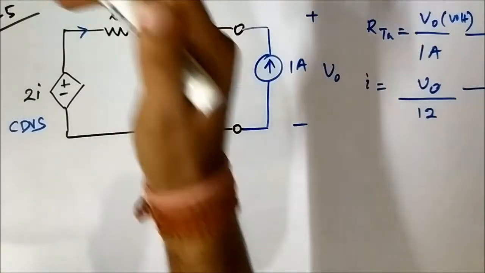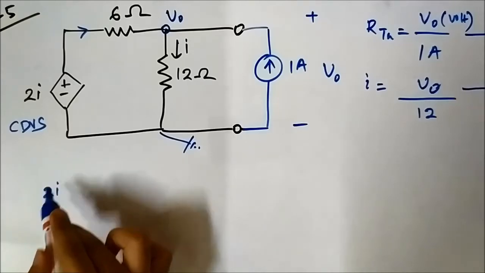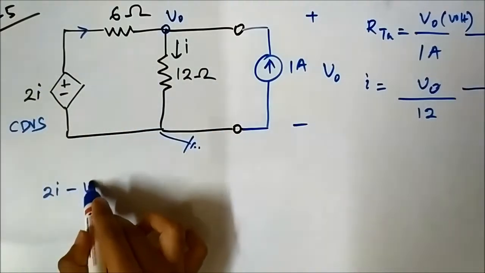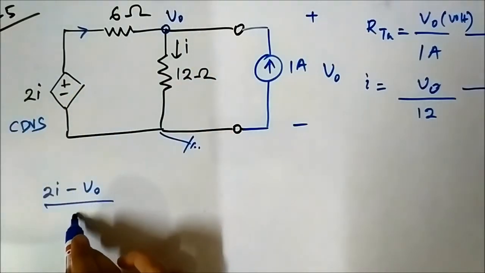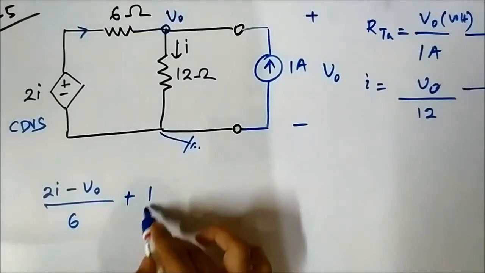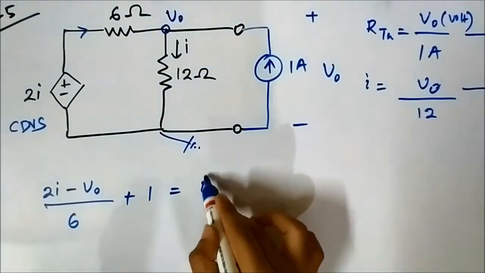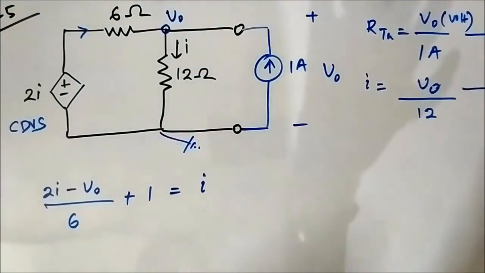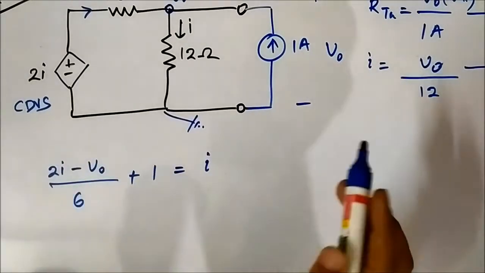So all the currents flowing towards the node are on one side: 2I minus V0 by 6, 2I is a voltage source, that's why 2I minus V0 by 6, plus 1 is also flowing towards the node, is equal to the outward flowing current I. I have already made a video related to nodal analysis and some questions related to it, so please watch those videos first so that you understand this in a better way. Here I am just going directly.